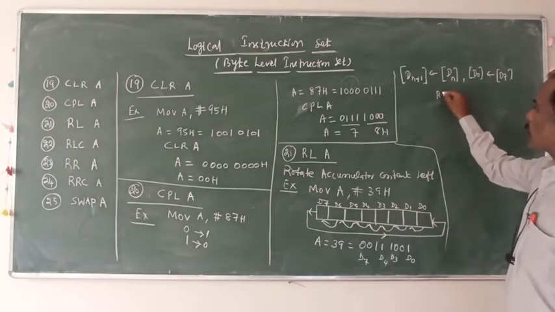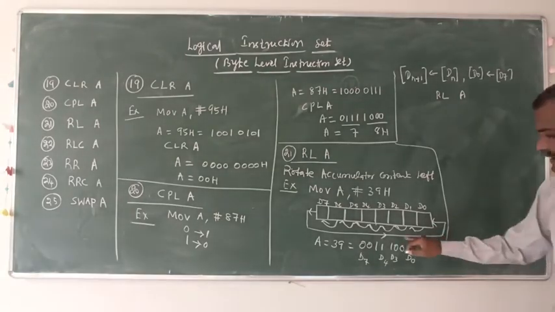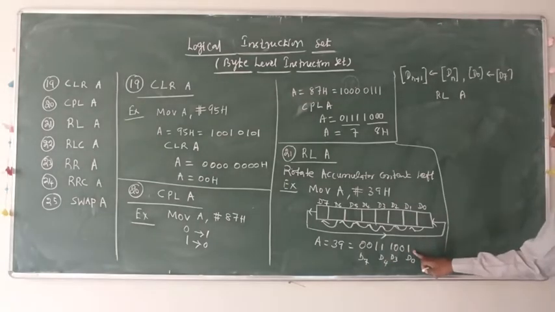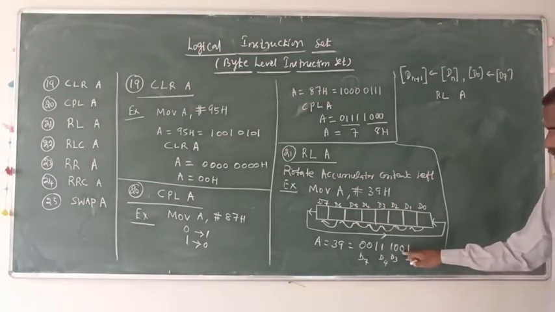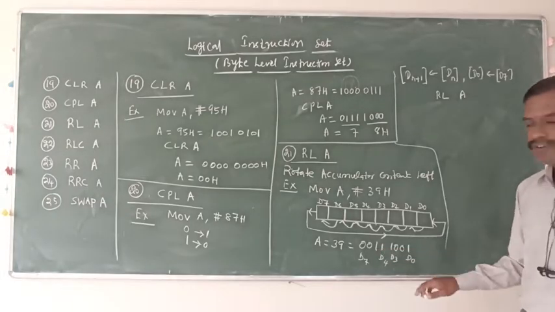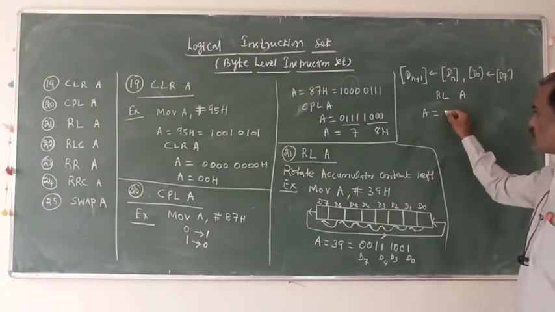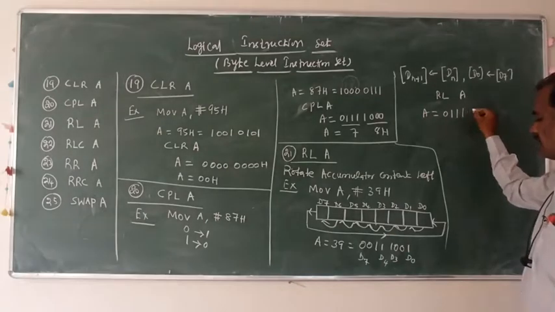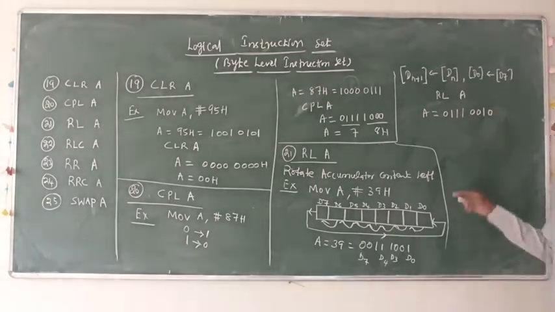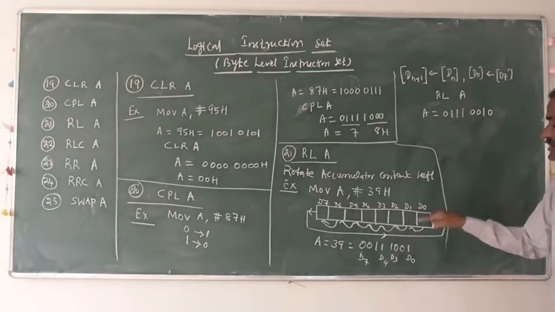After RL A, now the accumulator data: D7 data moves to the D0 position, then D0 moves to D1, D1 to D2, D2 to D3 and D3 to D4, like that. Now register A equals 0, 1, 1, 1, 0, 0, 1, 0.